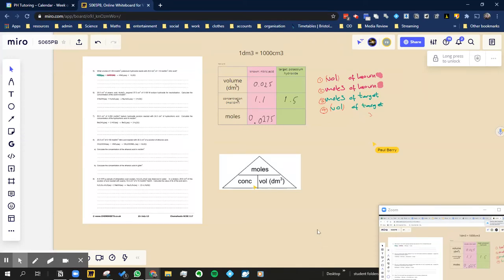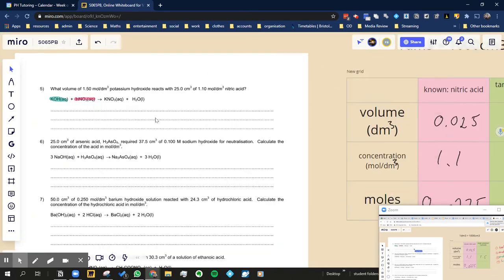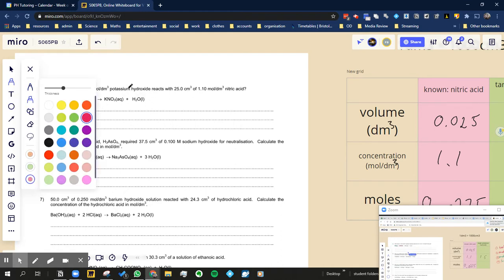Right. So the first thing we're going to do is find out the volume of the known substance. Now, let's get some highlighters on here as well. So we've got blue. Let's use the pink one first.